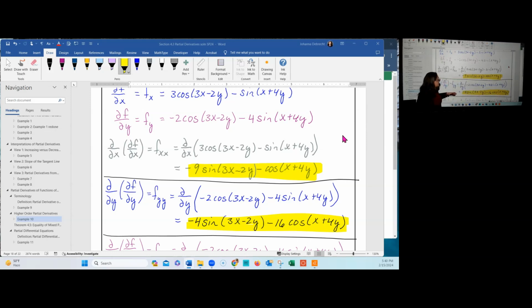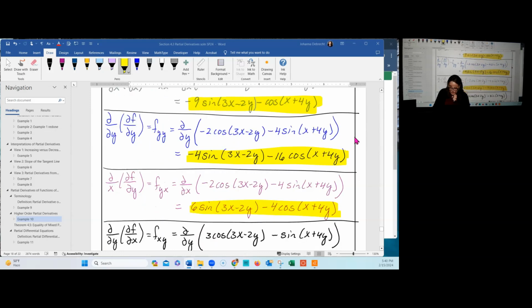Again, we're taking the partial derivative with respect to y after we've already taken the partial with respect to y one time. So we're doing it twice. And this is represented with f sub yy and the Leibniz notation.